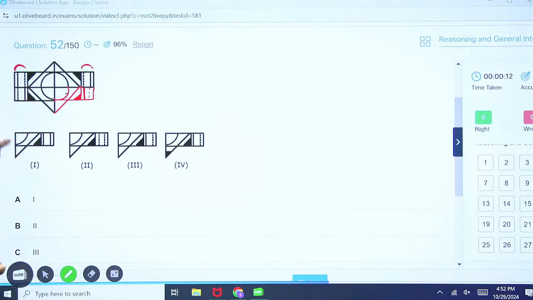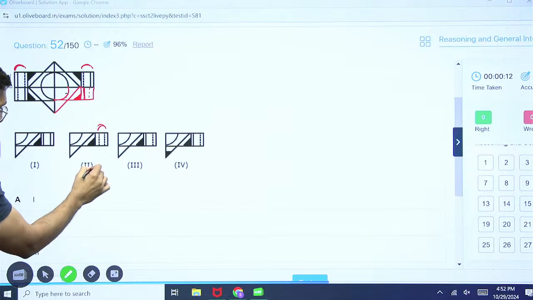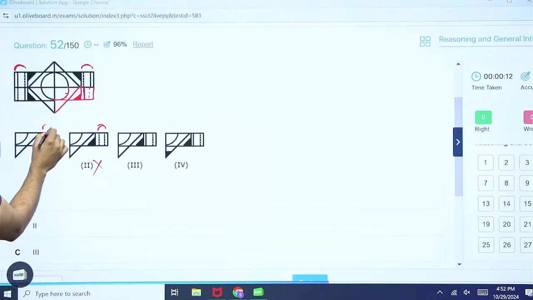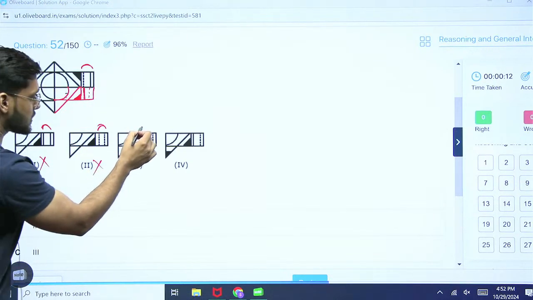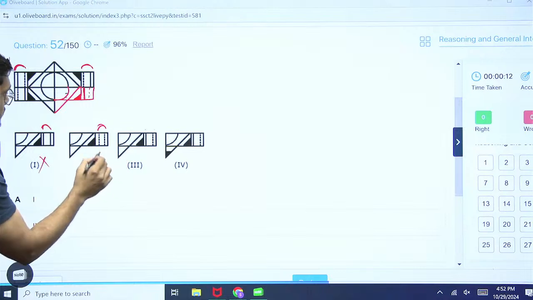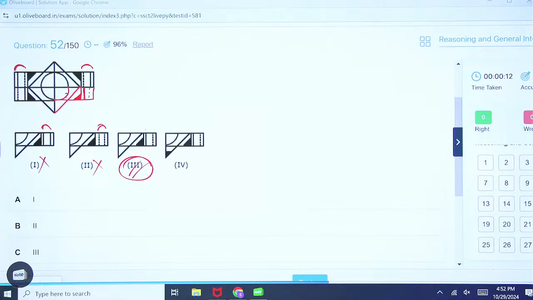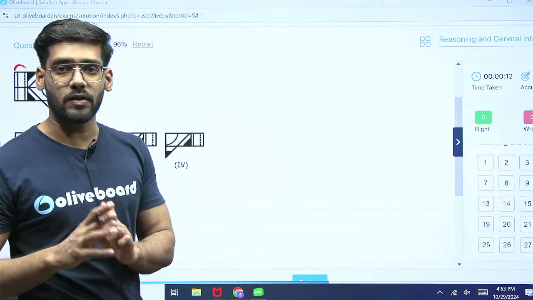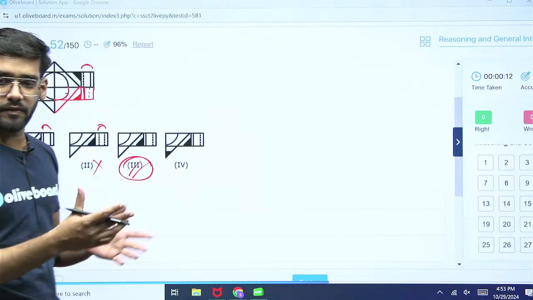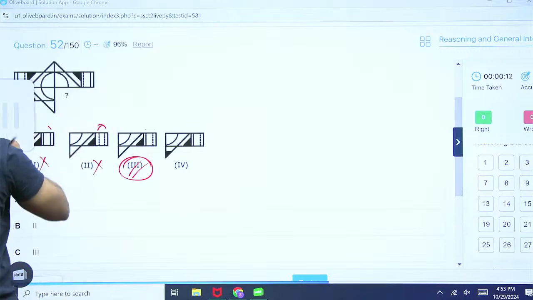We should have an image like this. These two are dotted, and hence this is cancelled. These two are shaded. This is cancelled. Shaded, dotted, okay. Semicircle, okay. This is okay. Third is the only right answer that can complete the given figure. Let's move on to the next question.